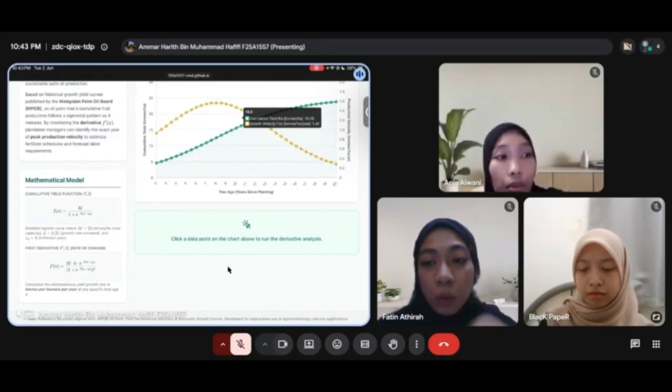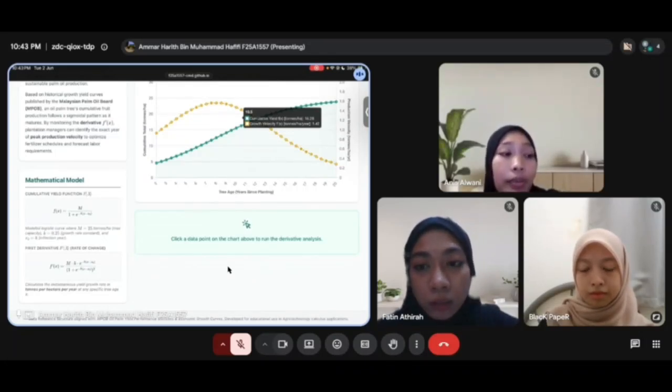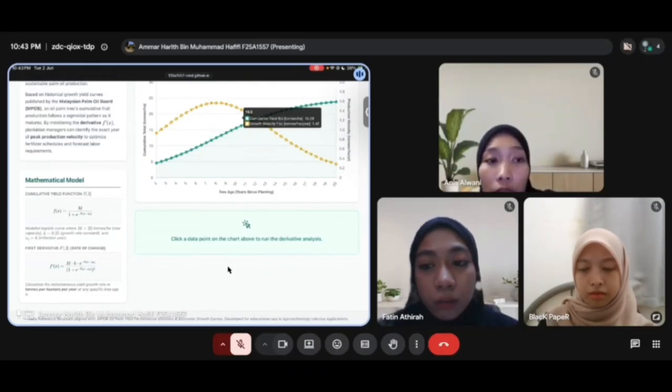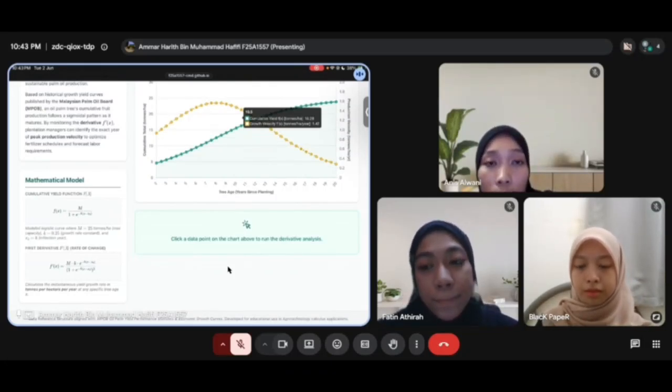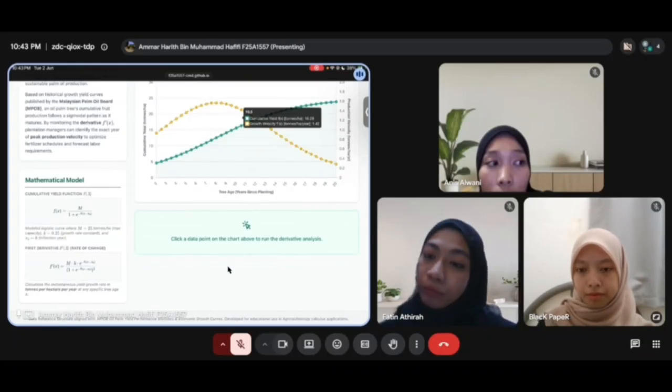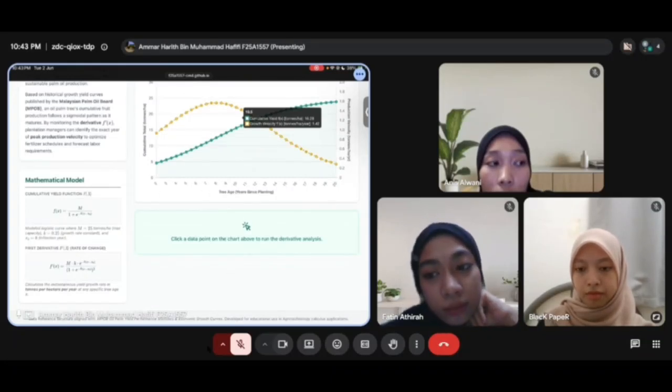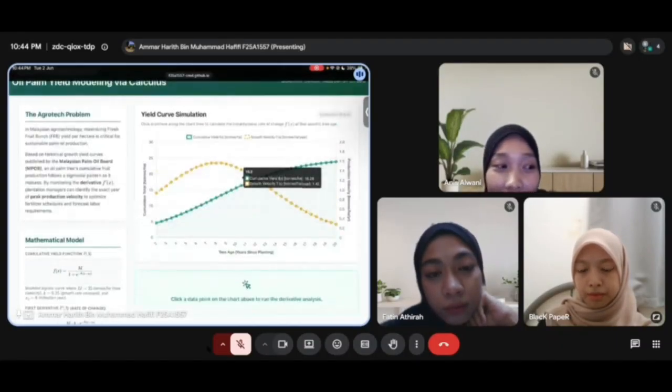K is the growth rate constant, which is 0.25. X0 is the inflection year, which is 8 years. X represents the age. This mathematical model creates an S-shaped curve which reflects real biological growth.